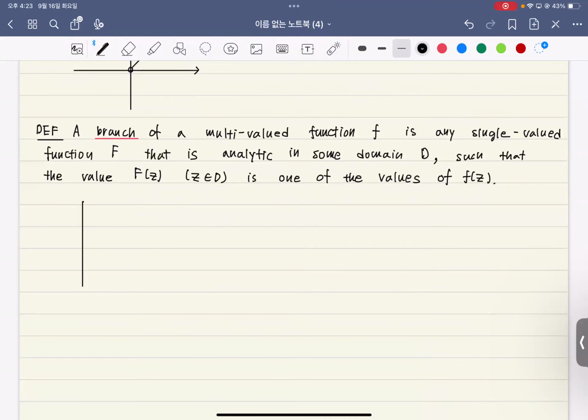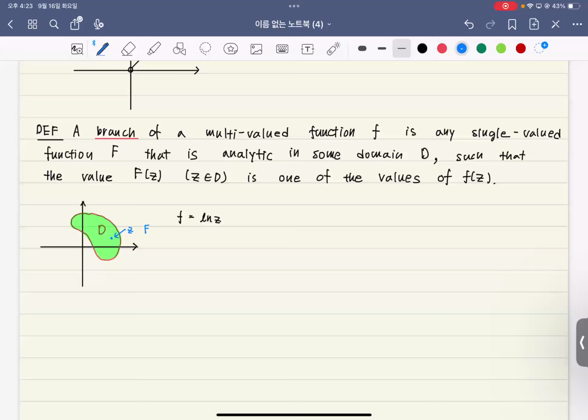So for instance, this is my complex plane, and suppose that my multi-valued function is the natural log function, and say that I chose this region as my domain D. And for this point, this is my point z.